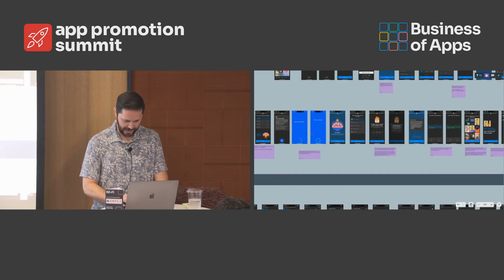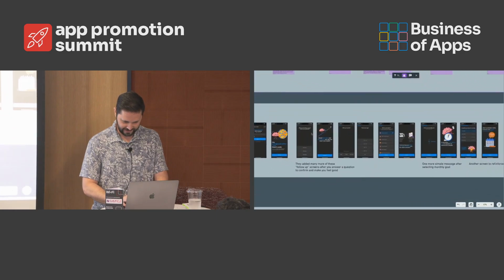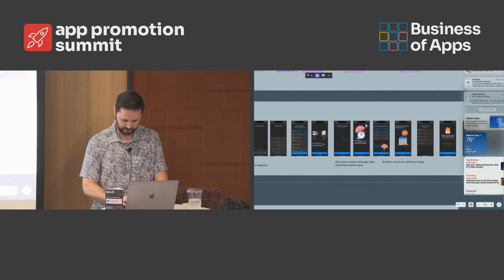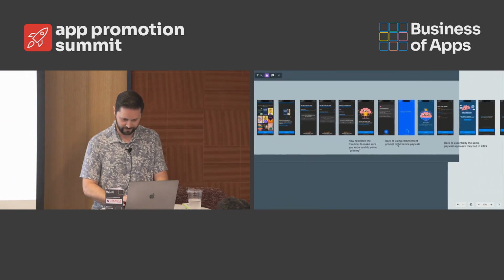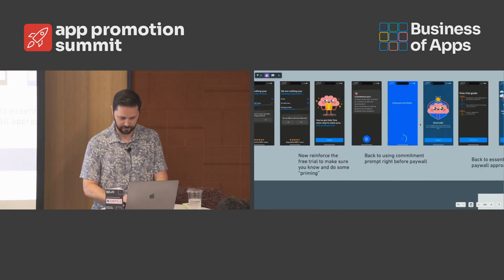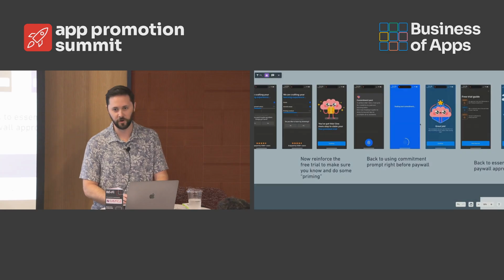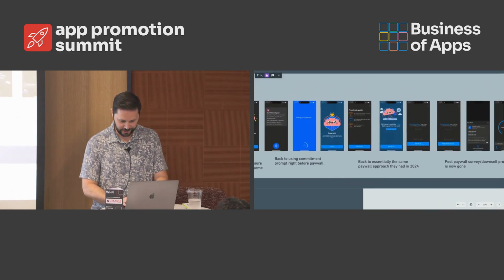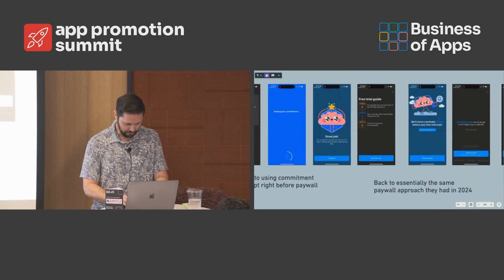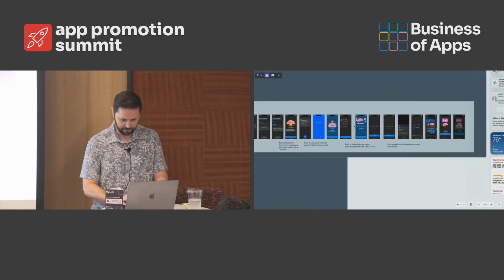So we go back and we see this is, I think, from maybe a few weeks ago, their current flow. The commitment prompt is back to right before the paywall. And it's interesting to see with all these tests, all those iterations, this paywall, we can more easily compare over here.